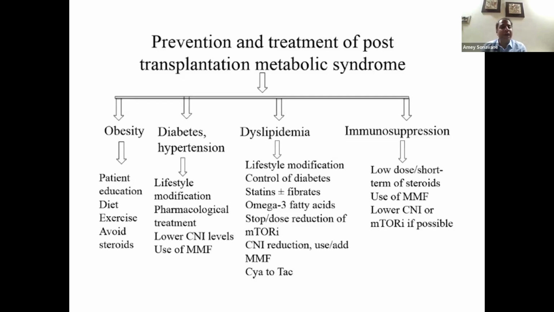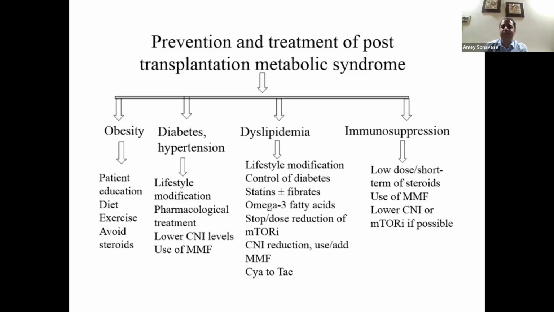If still not working, try and reduce the CNI levels. Try and push these patients from lesser CNI to more of mycophenolate mofetil, which might help in diabetes and hypertension. If these patients become dyslipidemic, again, lifestyle modifications, statins, and for high triglyceride levels, fibric acid derivatives. Try and reduce the CNIs, try and reduce the mTOR inhibitors. Again, mycophenolate mofetil is a better drug to use if the patients have refractory dyslipidemia.